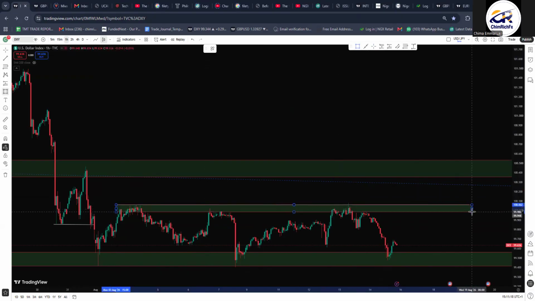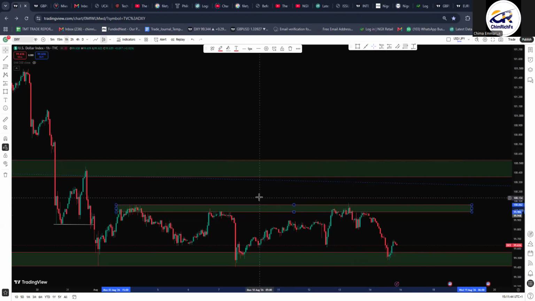You can see price giving us a resistance level here as well. So price has been ranging for now, and whichever part price decides to break, we would focus on that part more, because there will be a high possibility that that is where the market is heading to.